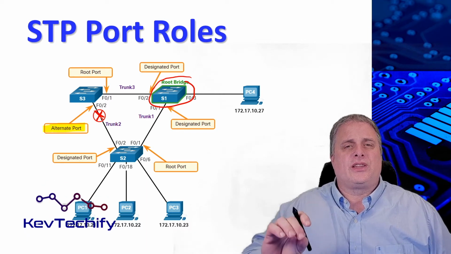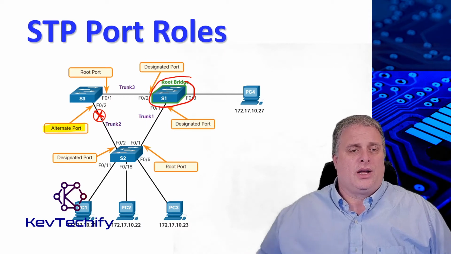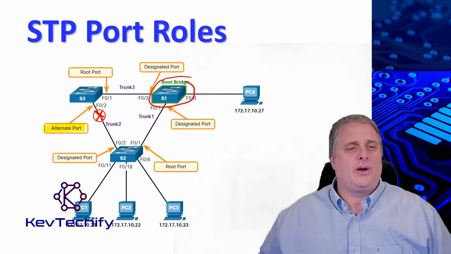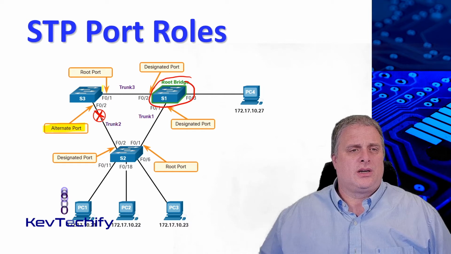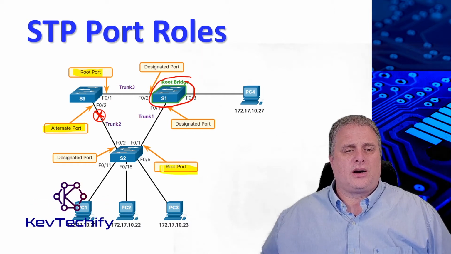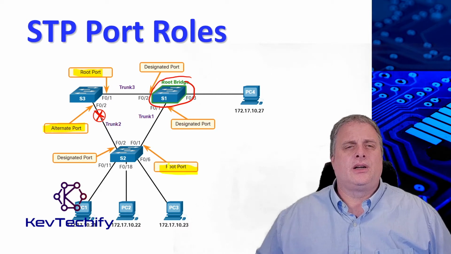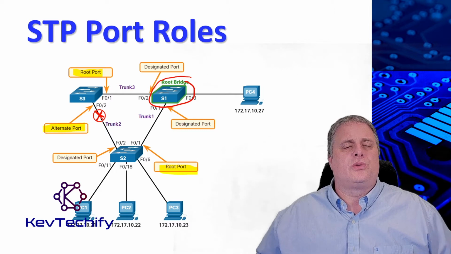Alternate ports are selected only on trunk links where neither end is a root port. And so notice that neither end of this connection here is a root port. Now, here's an example of a root port. We have two root ports in our spanning tree. Root ports are the switch ports that are closest to the root bridge.